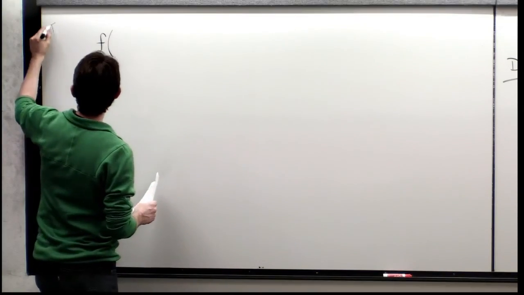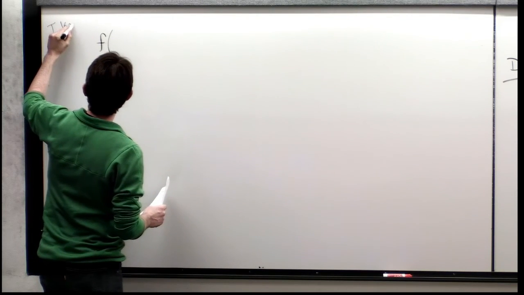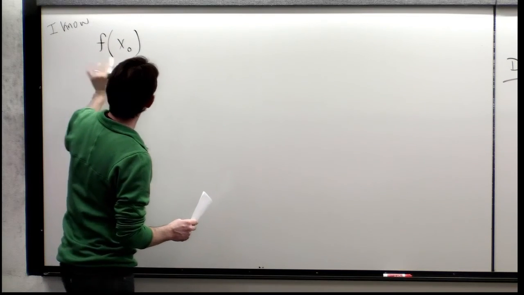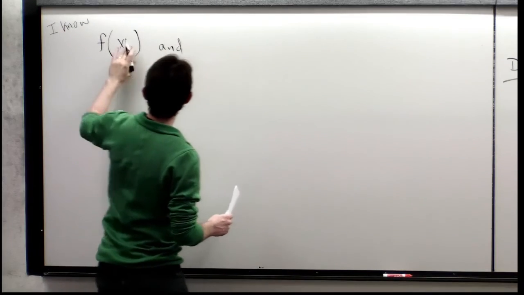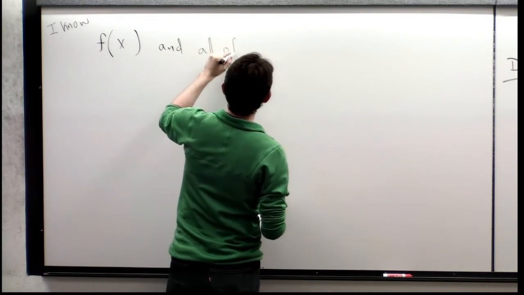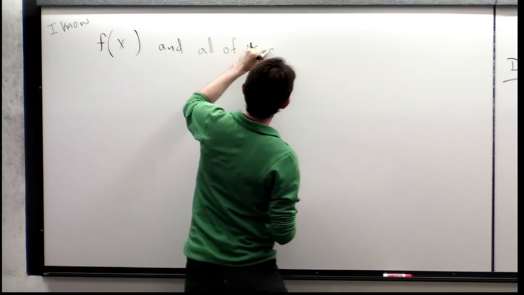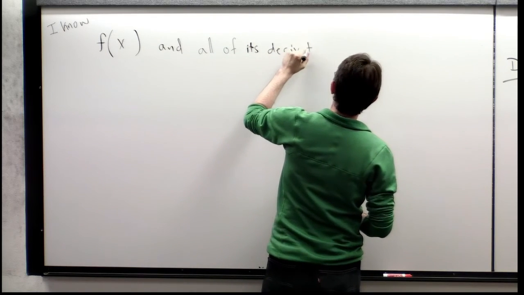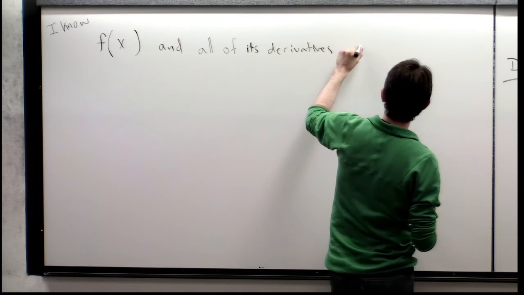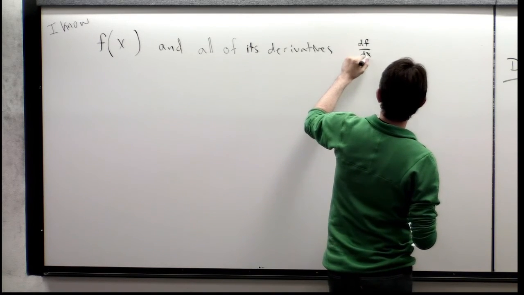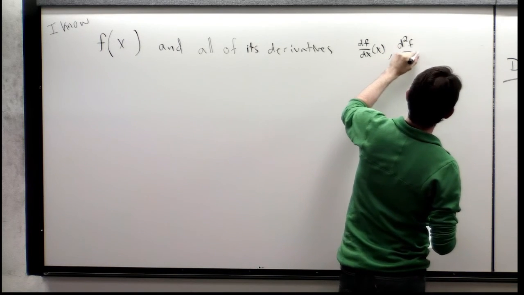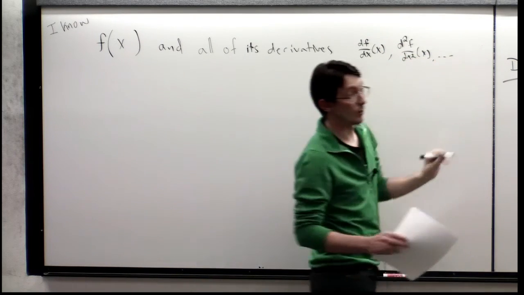So I know f at x naught, and let's just call this f at some point x, and all of its derivatives: df/dx evaluated at x, d squared f/dx squared evaluated at x, and so on.